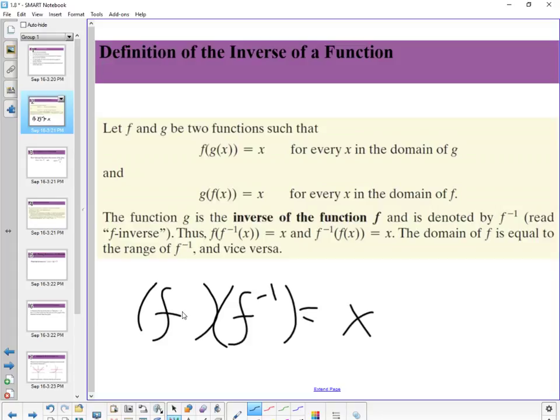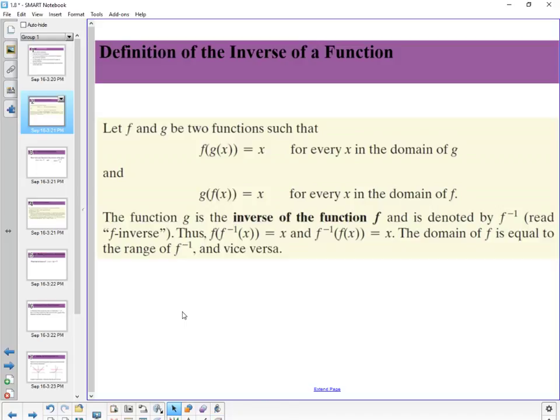But here's your definition. Let f and g be two functions such that f of g of x is equal to x for every x in the domain of g, and g of f of x is also equal to x, because obviously they are inverses of each other, for every x in the domain of f. The function g is the inverse of function f, as denoted by the notation f inverse. F inverse looks like f to the negative first power, but it's read f inverse. And it just repeats exactly what we just said.